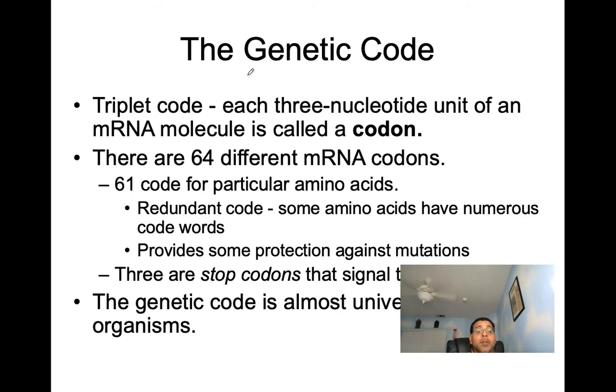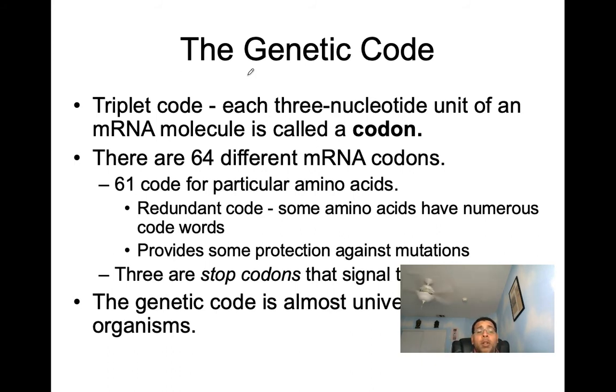This sequence of 3 nucleotides will code for a certain protein. Since there are 4 nucleotides and 3 places, this equals to 64 possible codes which will code for certain amino acids.